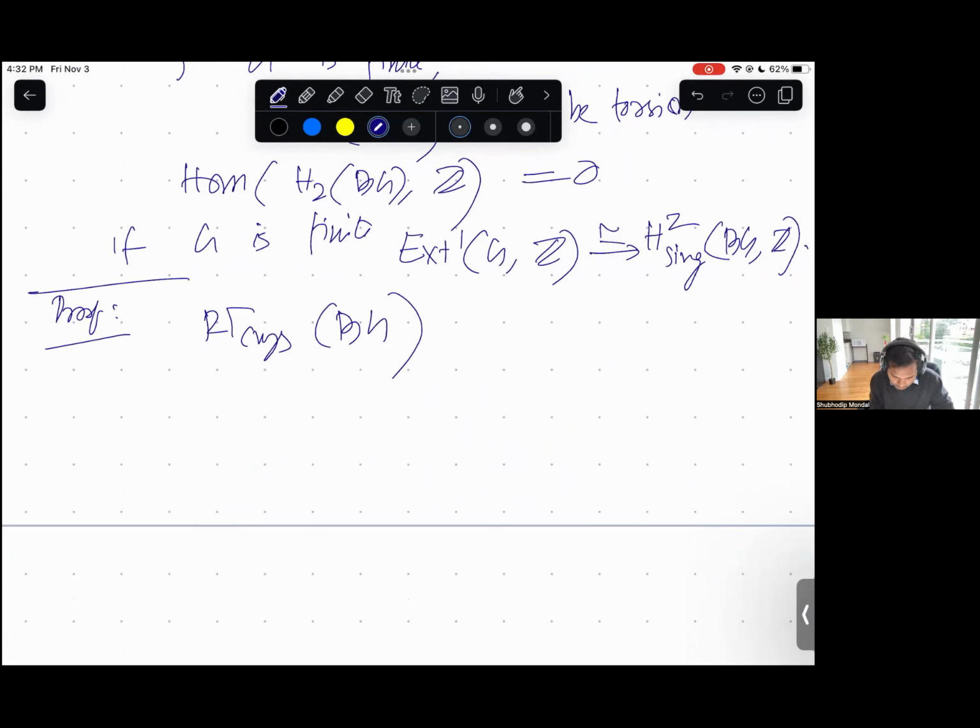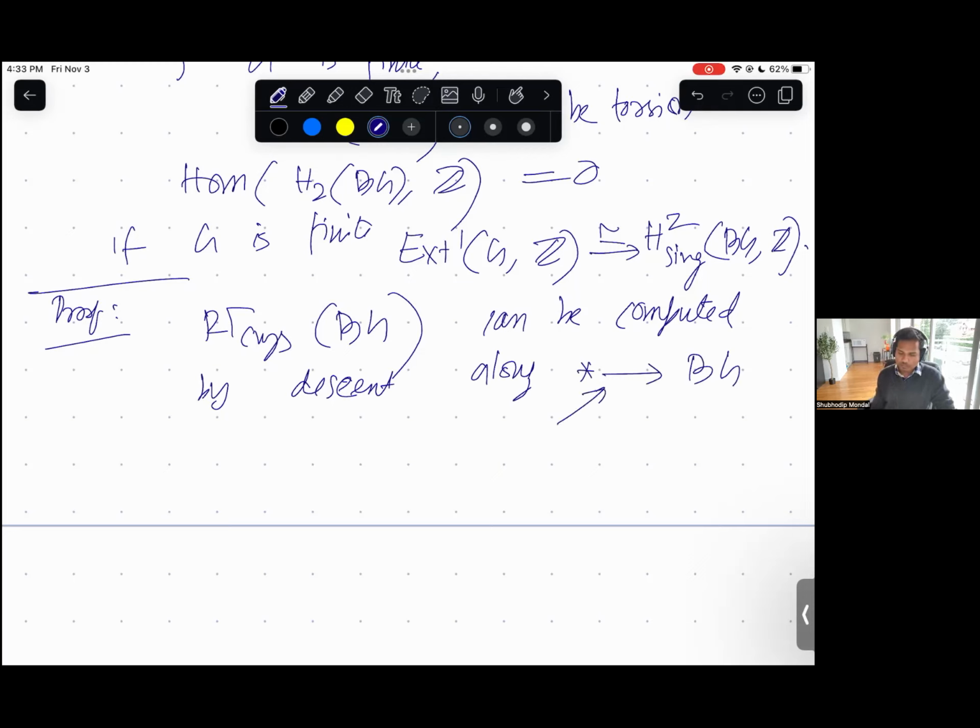This can be computed by descent along the point to BG.